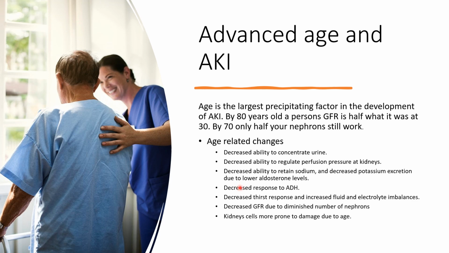You also have a decreased response to ADH, decreased thirst response, as I mentioned before, and increased fluid and electrolyte imbalances. You have a decreased GFR due to the diminished number of nephrons, and then kidney cells are more prone to damage due to age.